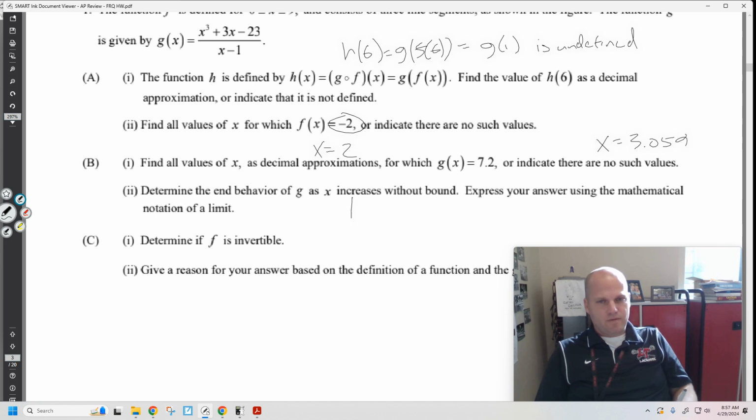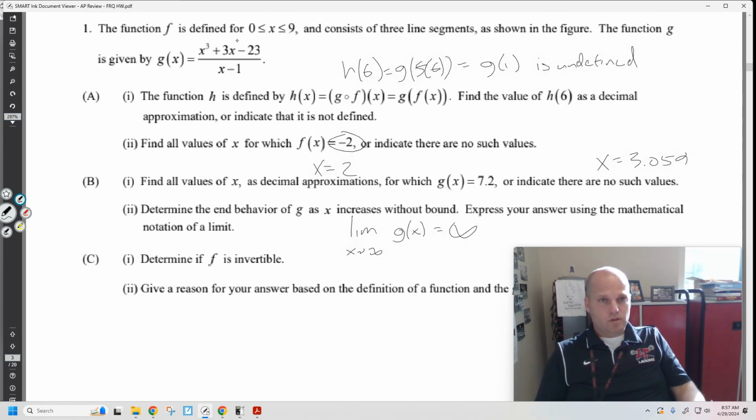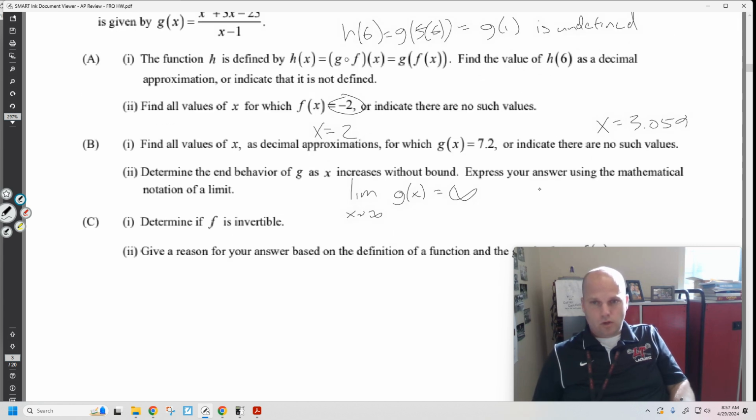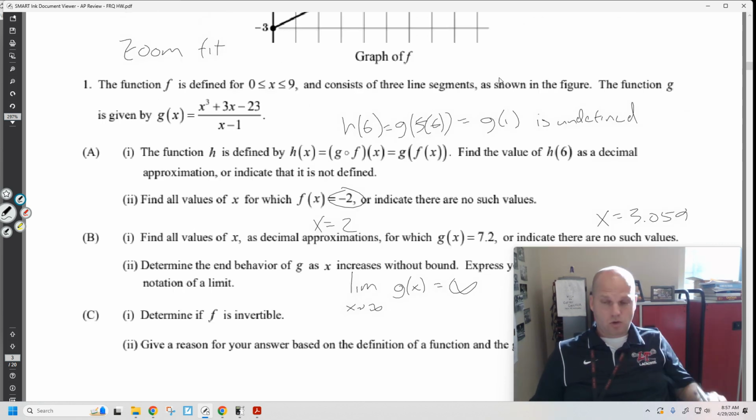As the input increases without bound, we see that g goes towards infinity. We have the same end behavior as x squared. If you want to do that analysis, good. You don't have to, though. You don't have to show that you're looking at x cubed over x, which has the same end behavior as x squared.